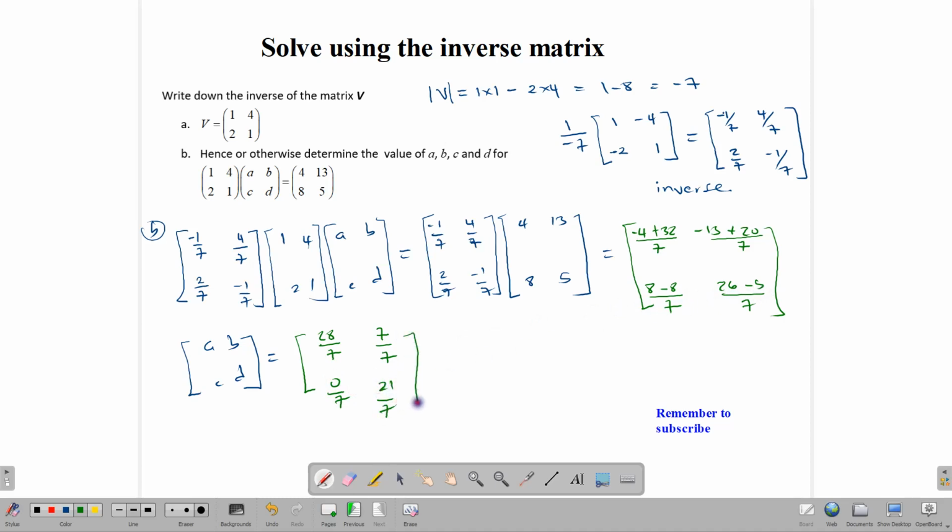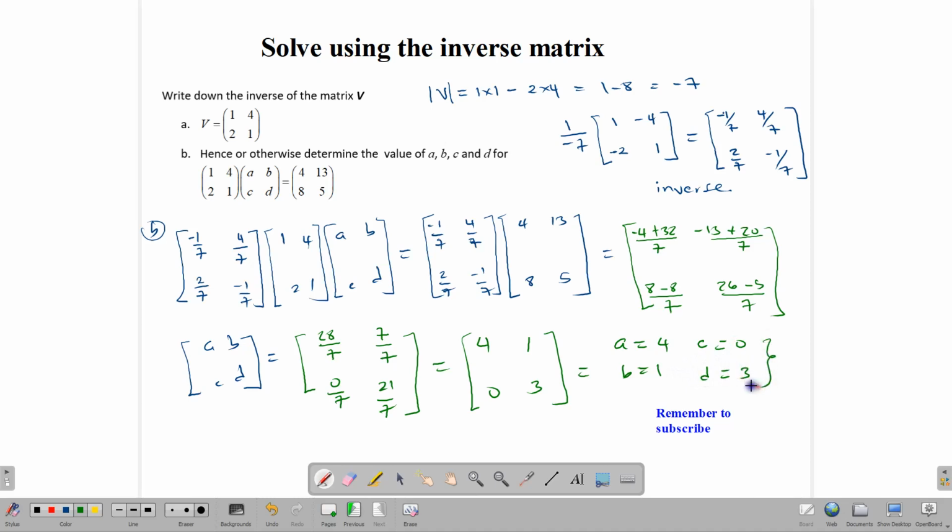And when we simplify all of that, 28 divided by 7 is 4, 7 over 7 is 1, 0, and 3. And so we know what our values are. A is equal to 4, B is equal to 1, C is equal to 0, and D is equal to 3.